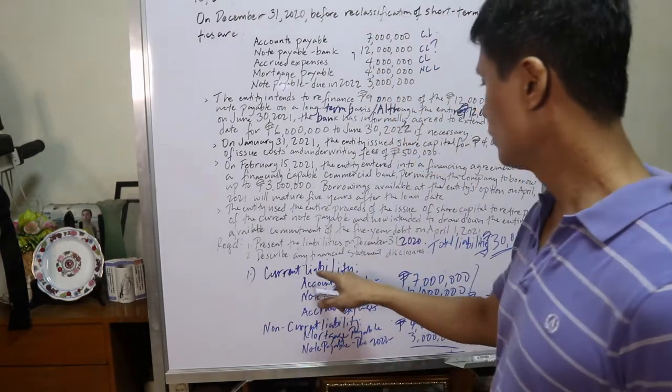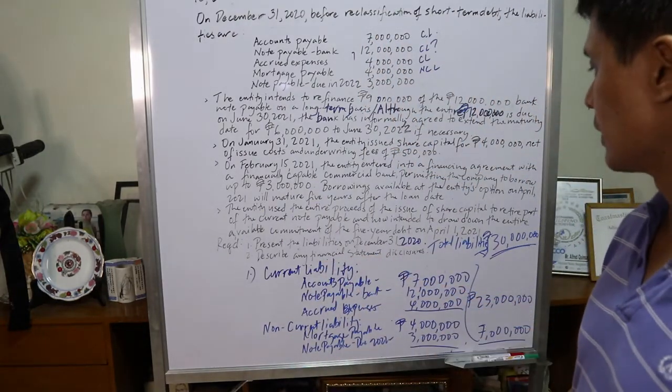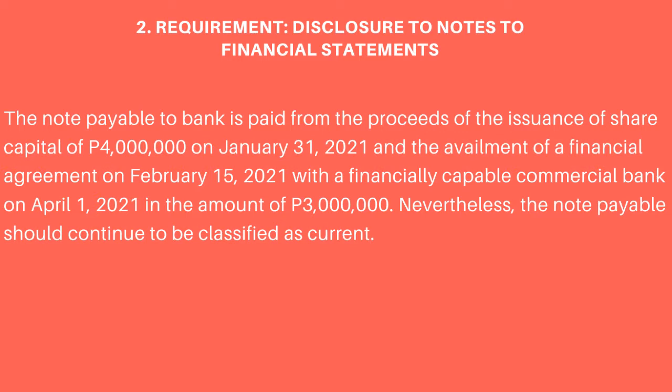Now, number 2, describe any financial statement disclosure. So let's just describe the 4 million borrowings.